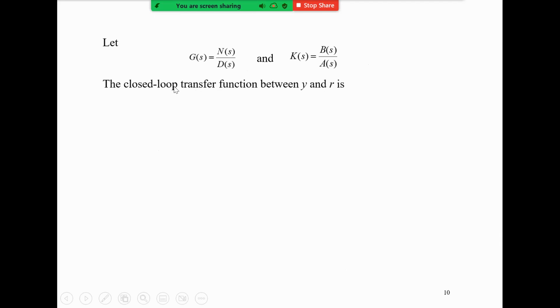The closed loop transfer function between the reference input and the output can be easily computed by this formula. Let's go back.